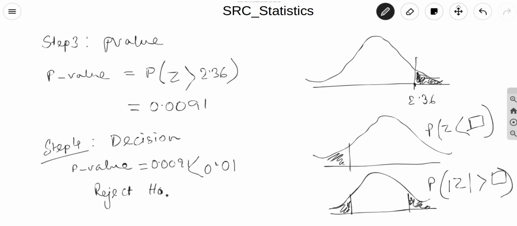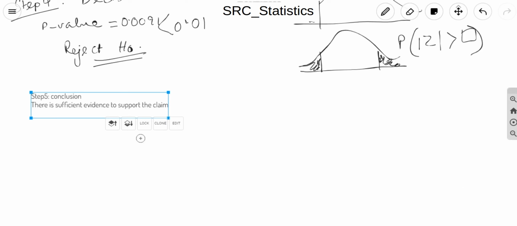So note this down: in the p-value approach, we compare the p-value with alpha, the level of significance, and whenever the p-value is less than alpha, we reject the null hypothesis. And then we go to the final step, step 5. Step 5 is the conclusion. There is sufficient evidence to support the claim.